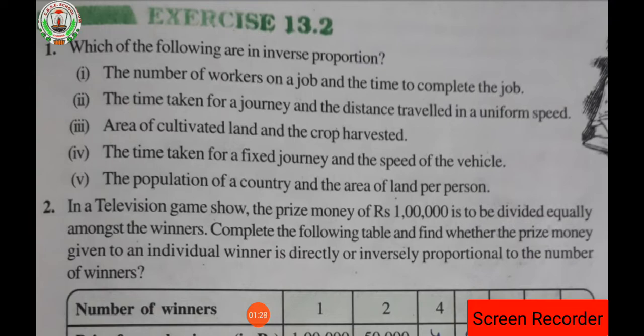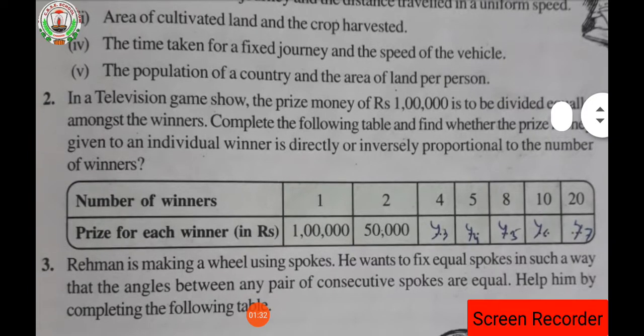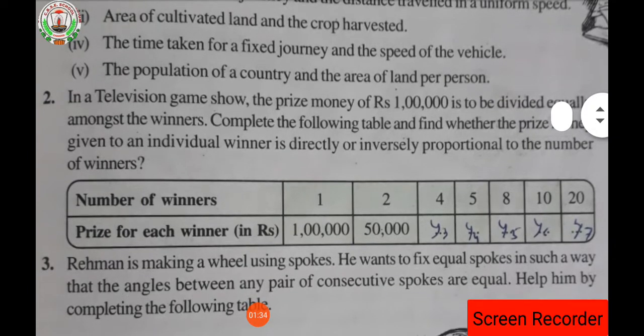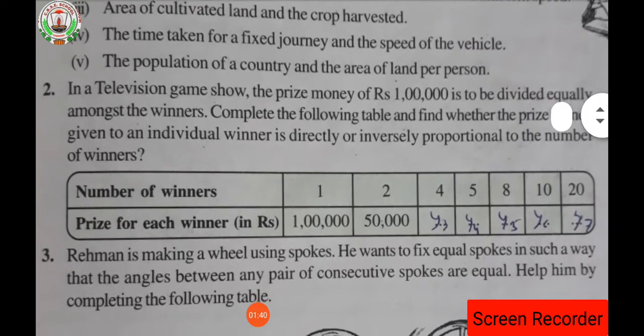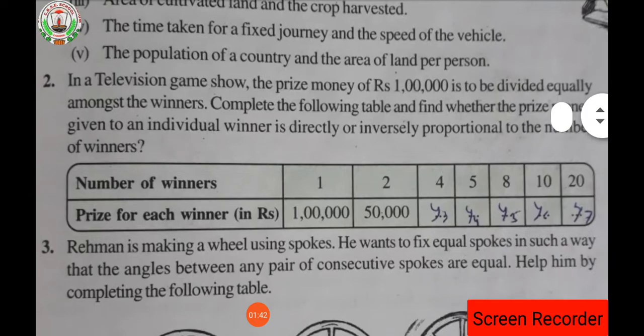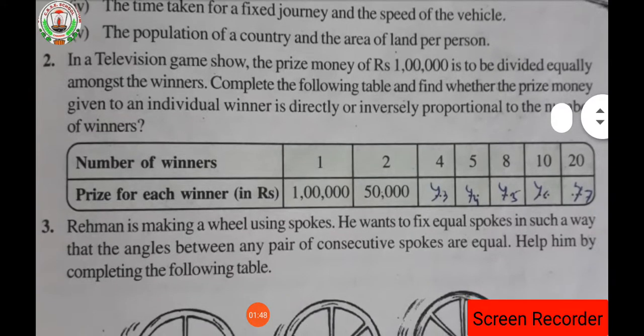Similarly, in question number 2, it is said that in a television game show, the prize money of rupees 1 lakh is to be divided equally among the winners. Complete the following table and find whether the prize money given to an individual winner is directly or inversely proportional to the number of winners.